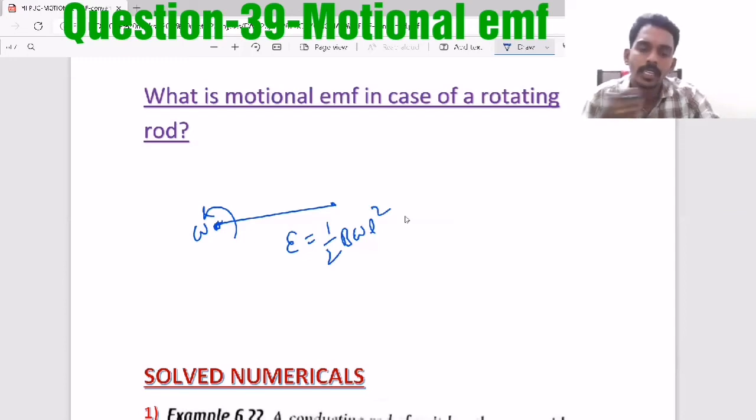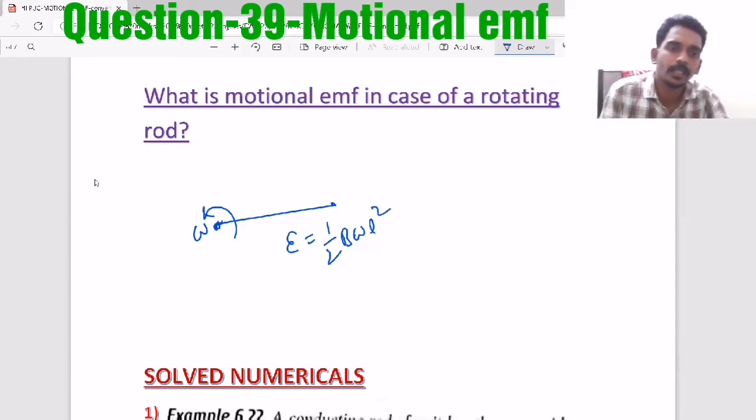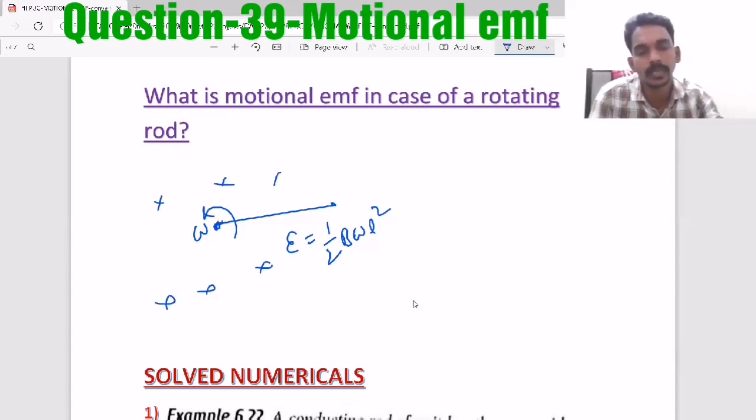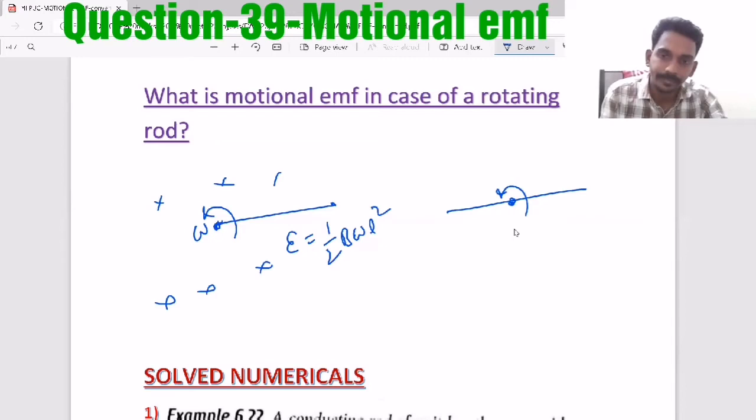So this is the EMF induced across its ends in the presence of an external magnetic field. Suppose it is rotating about the center, then the EMF induced across its ends is 0.